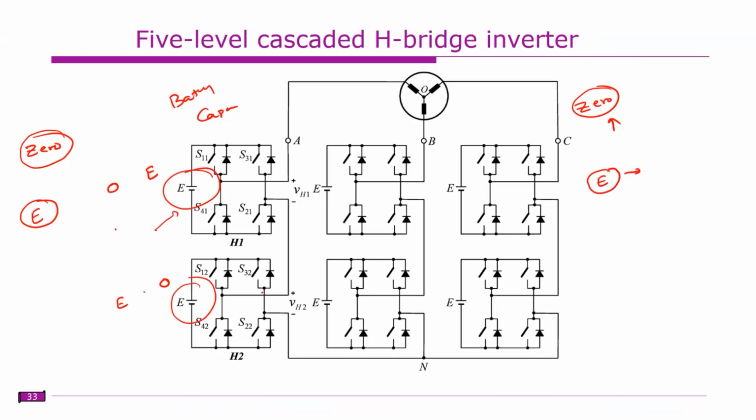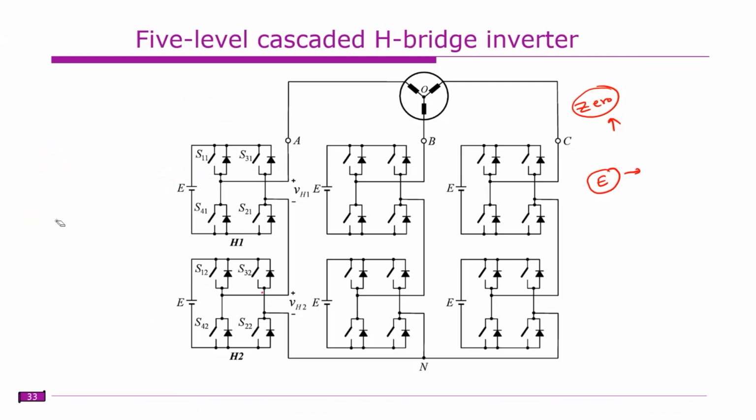So there will be some DC offset in the output voltage. This is how the switching redundancies help in equating the conduction period of switches and in equal distribution of these DC sources.